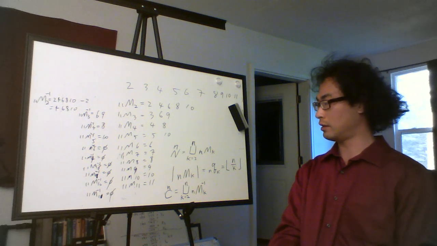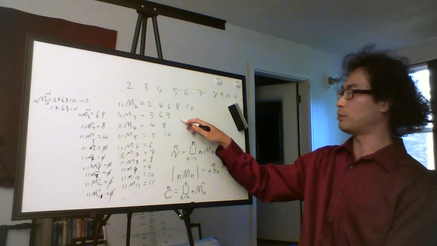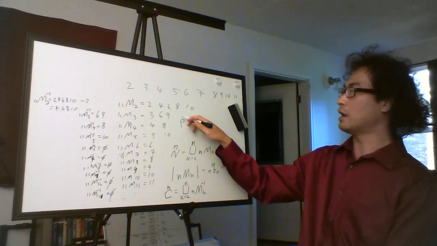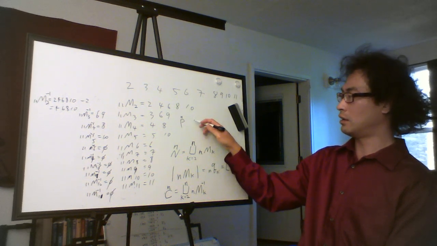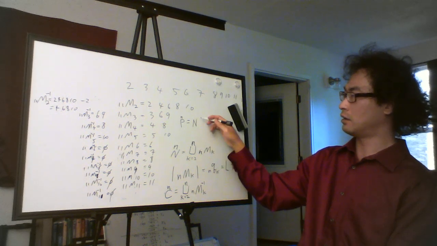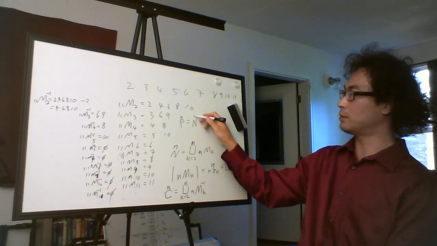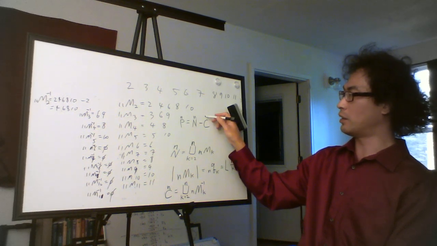So then what is the set of prime numbers? All the prime numbers less than or equal to n, P n, that's just N top small n minus C top small n.